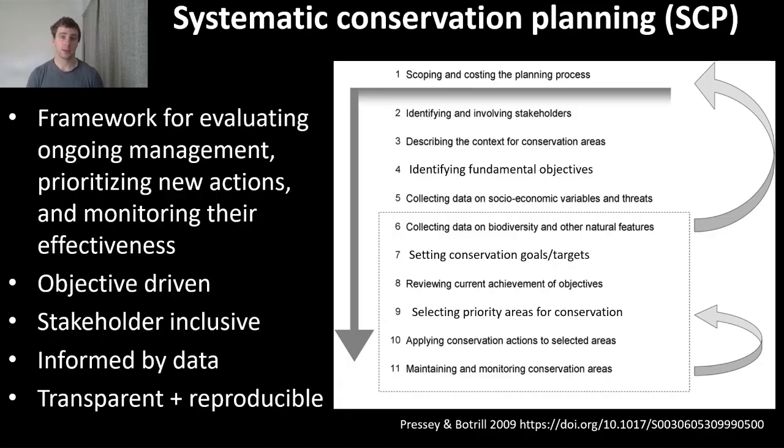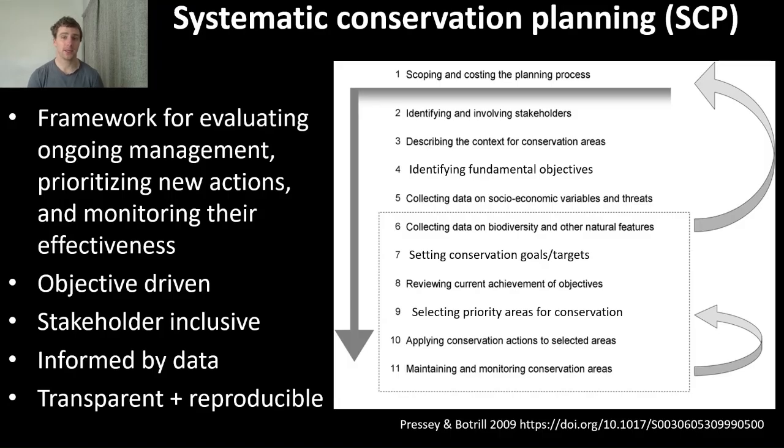Deciding on what the decision context is really important because that influences things like who the decision maker is, and making sure that the way the planning process proceeds is going to fit within the reality of where this kind of exercise is taking place.